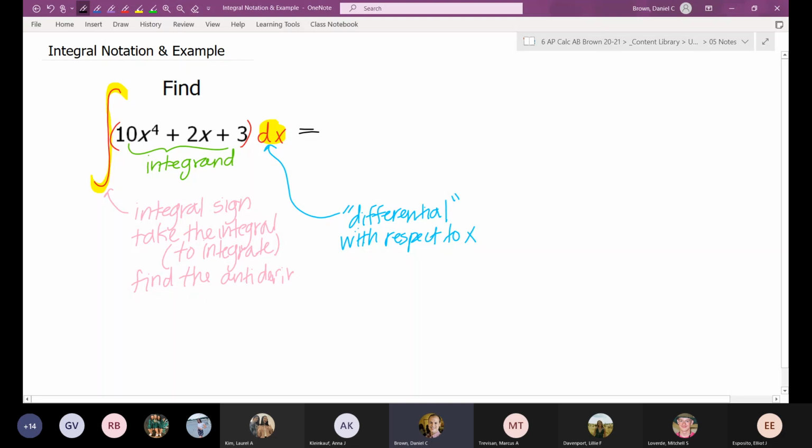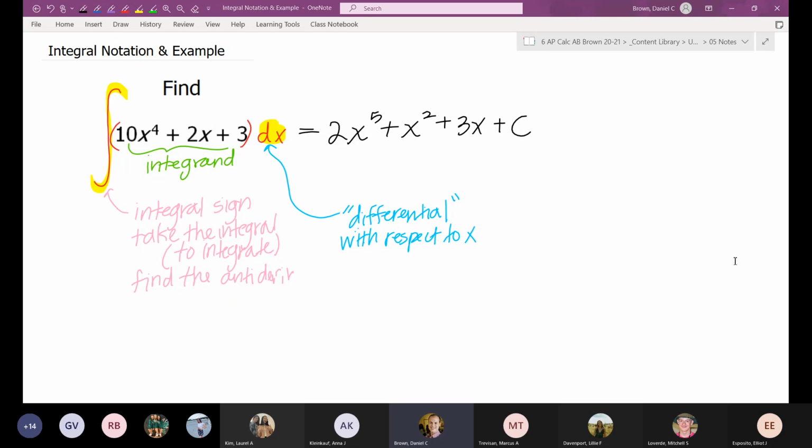And what would that be equal to? That would be equal to 5, not that, try again, 2x to the fifth plus x squared plus 3x plus c. So kind of like the same way we did before, but that's just going to be the symbol way of showing the integral.